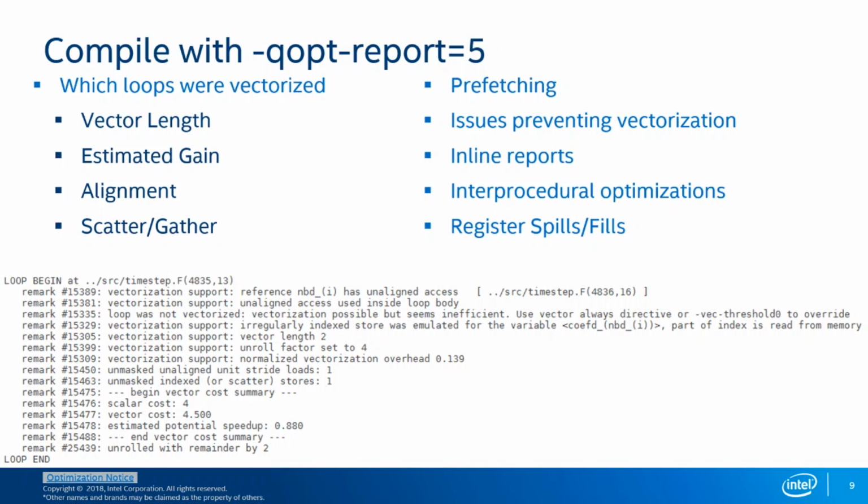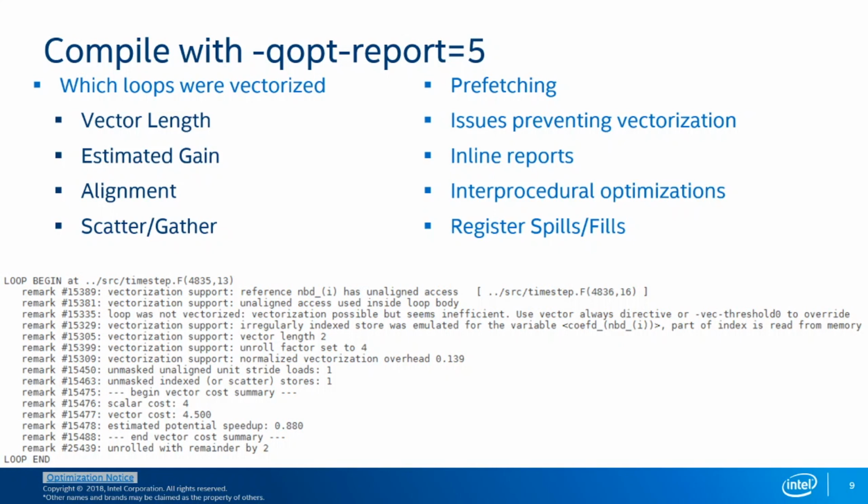And there's some very valuable information inside this report. Most importantly, I would say that there's vectorization information. So it will tell you which loops were vectorized and what vector length was used. It will tell you a little bit about alignment, and if you're using scatter gather instructions.